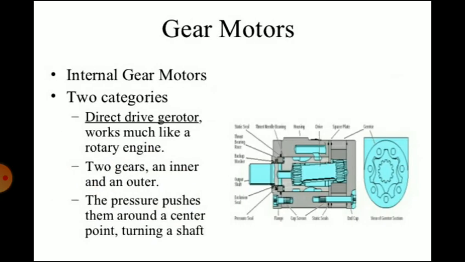Then there is the internal gear motor, in two categories. The direct drive gerotor works much like a rotary engine, with two gears, an inner and an outer. The pressure pushes them around a center point, turning a shaft. So it causes the rotation of the shaft due to the pressurized fluid.